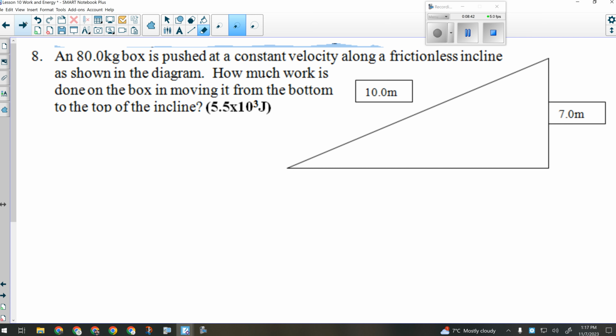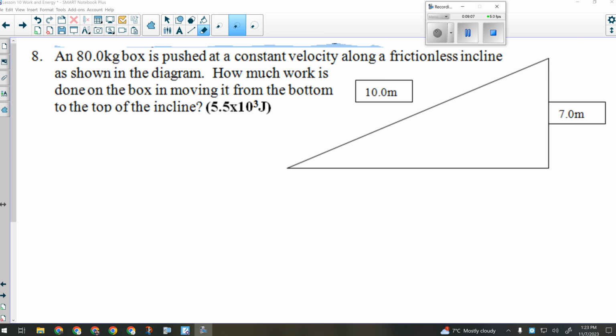It's pretty straightforward since it's frictionless. Since it's moving at a constant velocity, what kind of energy is changing? Potential. Yeah. We're only making it go higher up. Do we know how much higher?